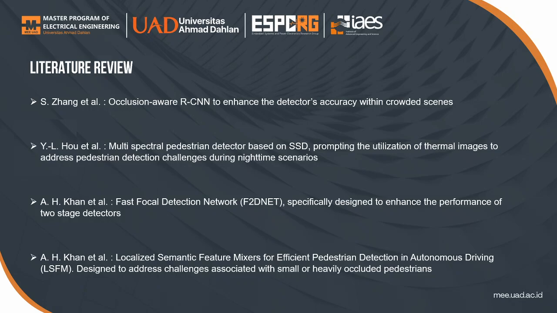As mentioned, pedestrian detection emerges as a critical task within the domain of computer vision, presenting inherent challenges. Recently, many research works have addressed one or some of the challenging factors, and the majority of this research has focused on the utilization of deep neural networks. Examples of these studies are the occlusion-aware RCNN to enhance the detector's accuracy within crowded scenes.